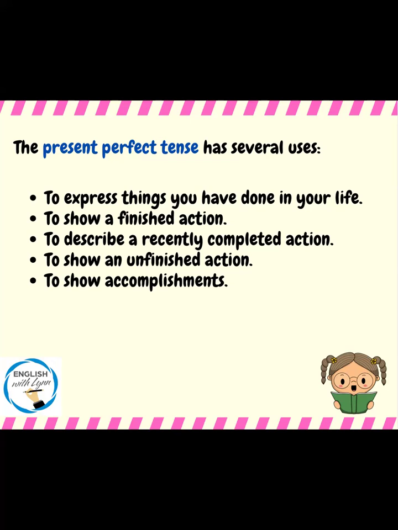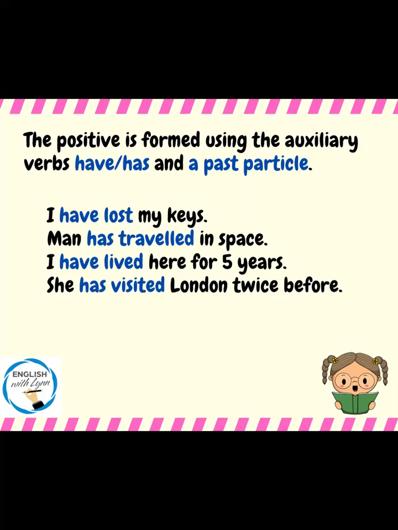So let's have a look at some examples. And we're going to look at the three different structures. So we're looking at the positive, the negative, and the question form. So first of all, the positive. Now, when we create the present perfect, you need to be aware of your auxiliary verbs. In the present perfect, you need to decide, do you need the auxiliary verb have, or do you need the auxiliary verb has?